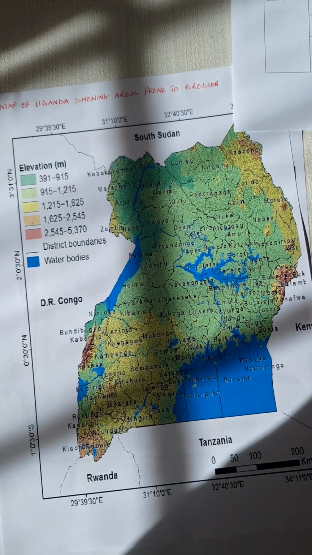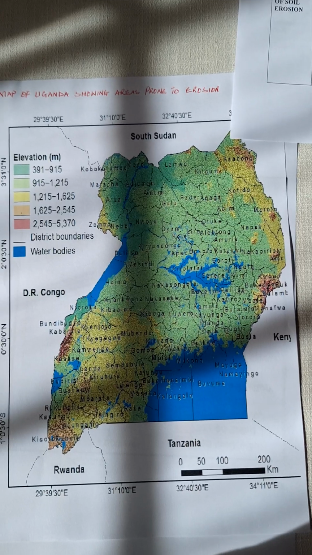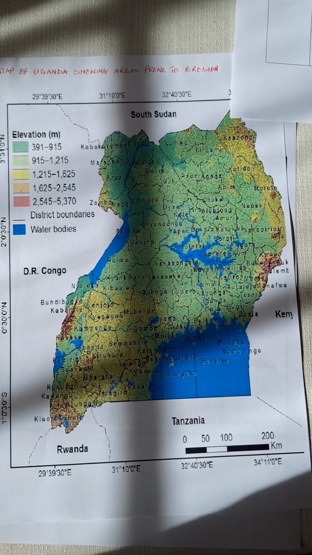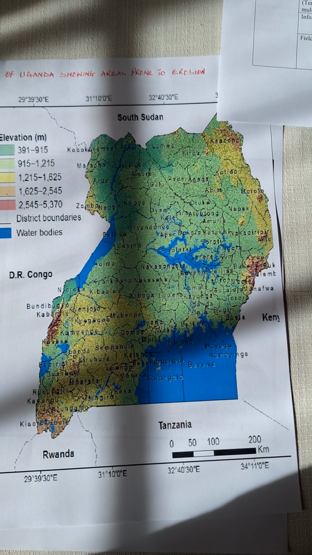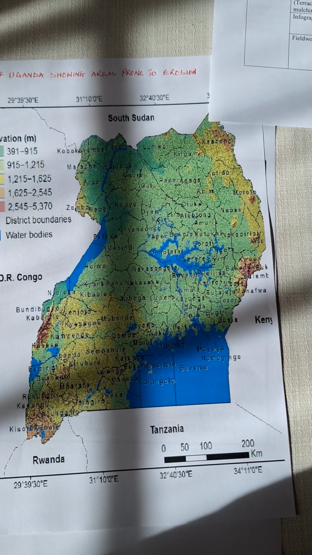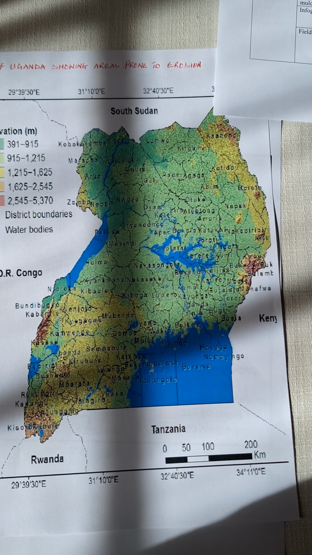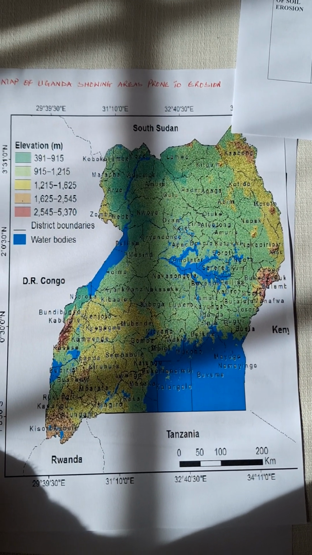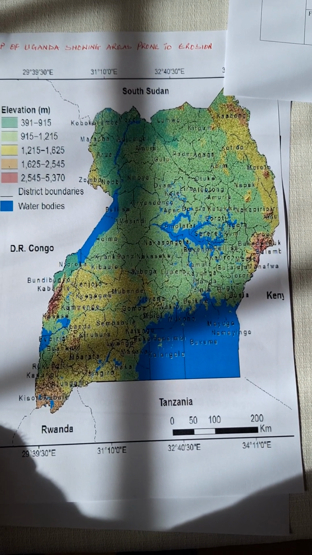And one I would use of Uganda, as you can see it here, to provide my learners with the spatial context of erosion so that they are able to connect the concept of erosion to the physical environment. These maps would come in handy during the introduction part of my lesson.